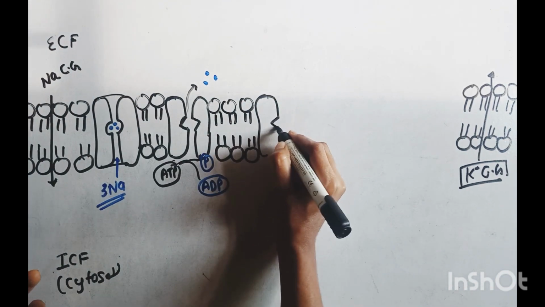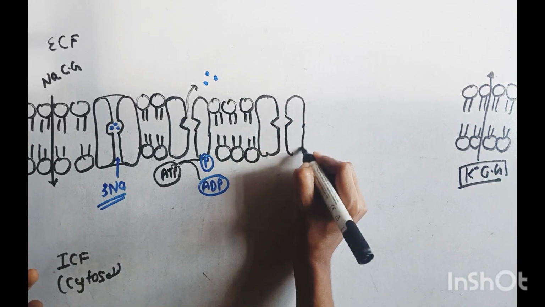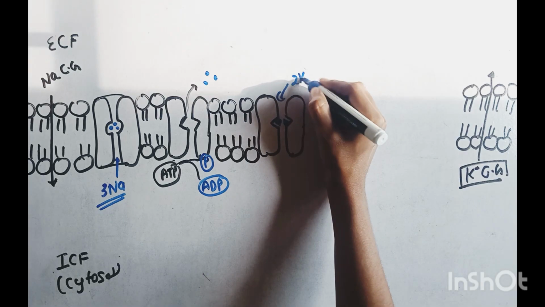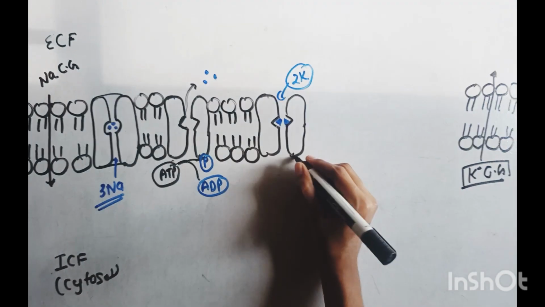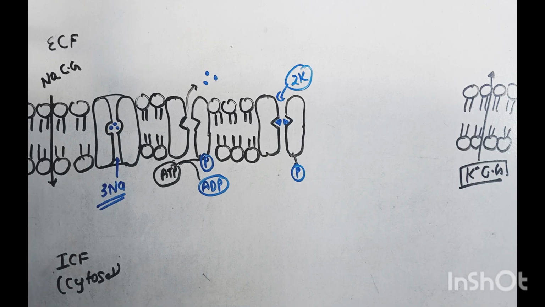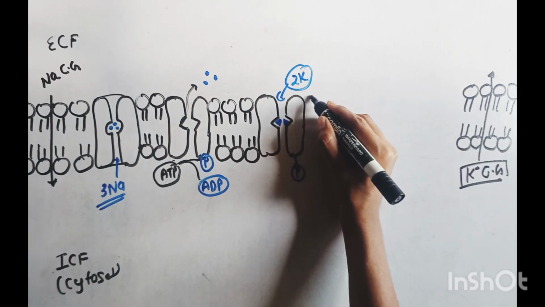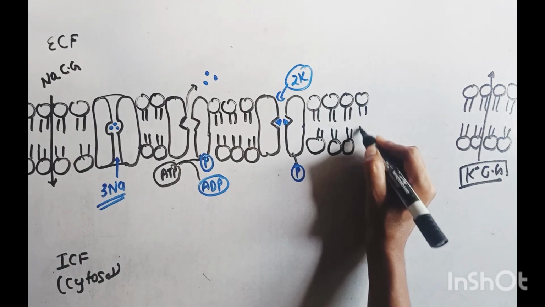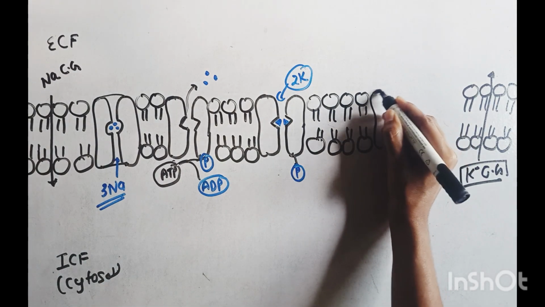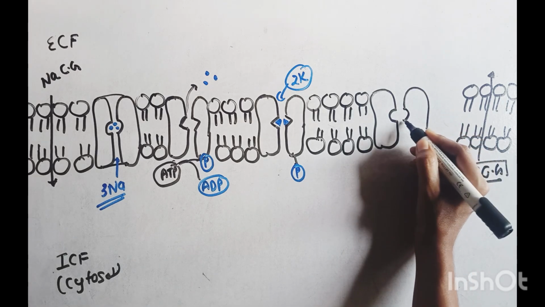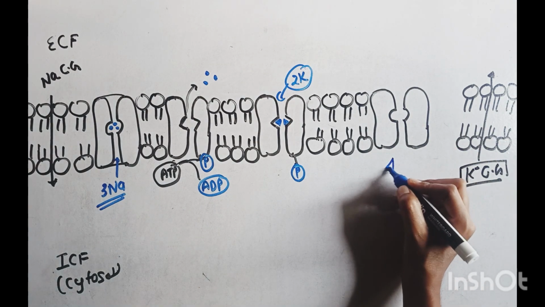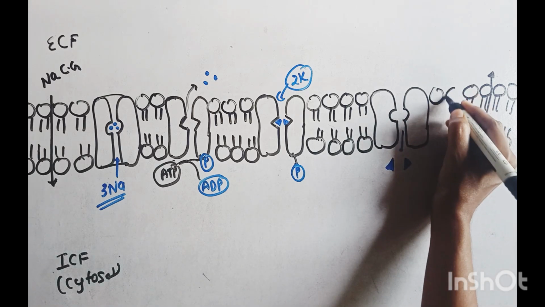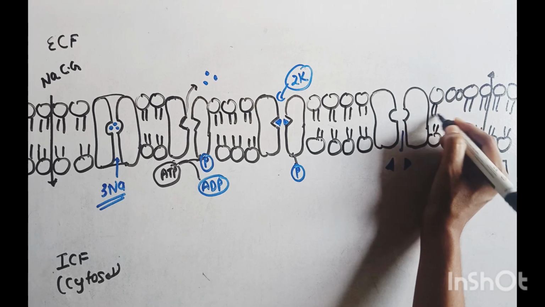Okay, in the next step, the pump has already changed its shape. So 2 potassium ions bind from the extracellular fluid side, and when the phosphate is released, the 2 potassium ions are expelled into the cytosol, and the phosphate is completely removed and the pump regains its original shape.